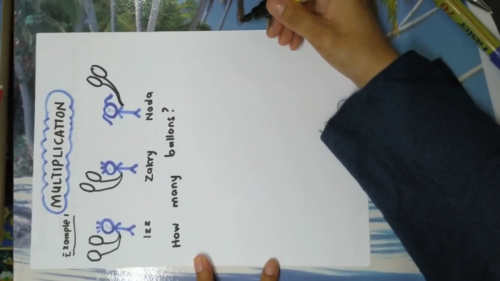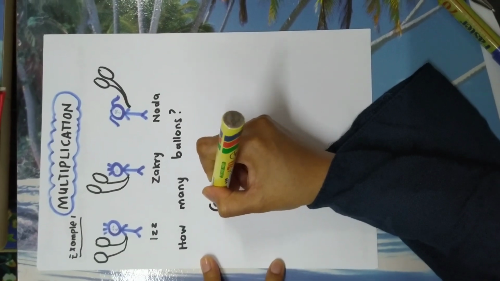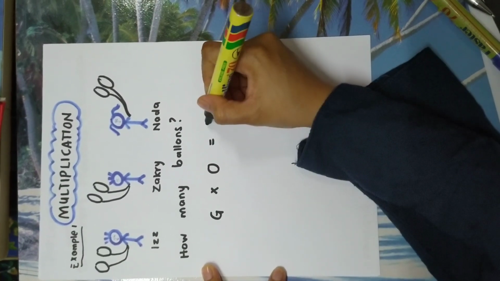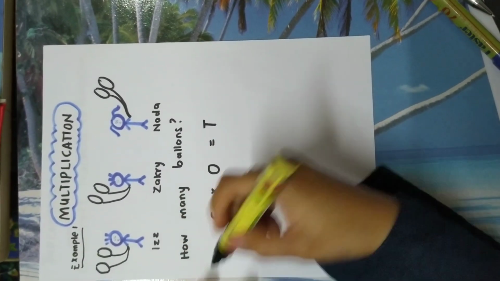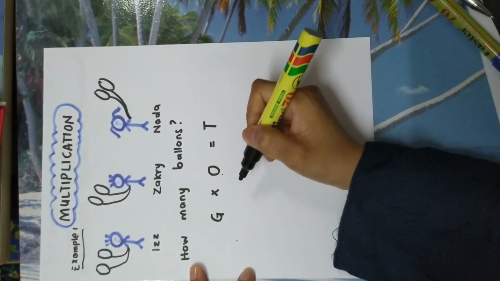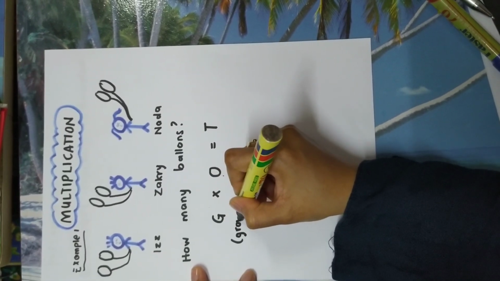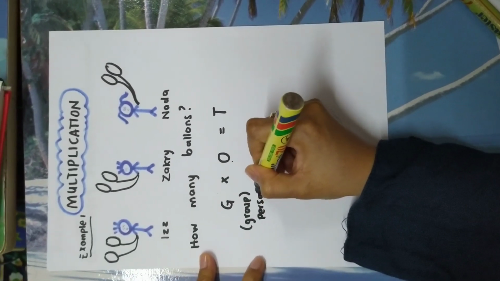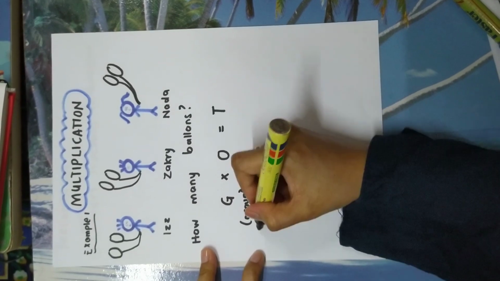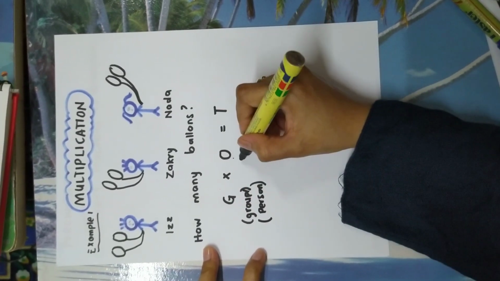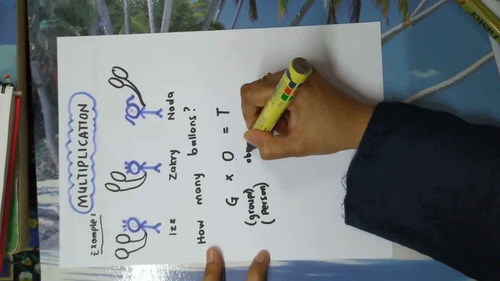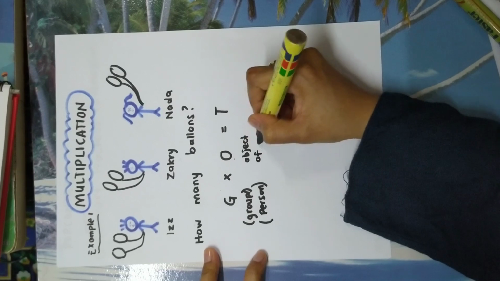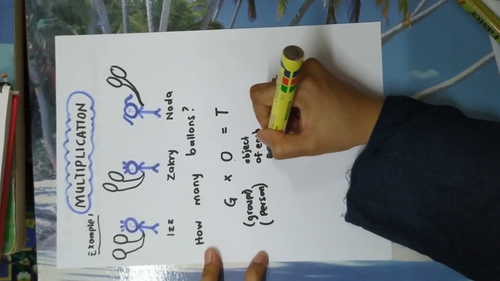Okay, so the formula is G times O equal to T. G means group or person. O means object of each person.